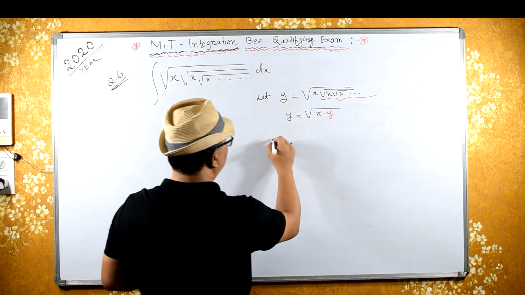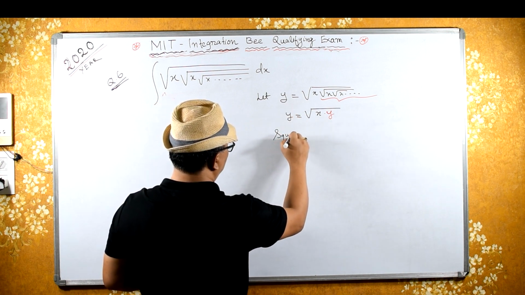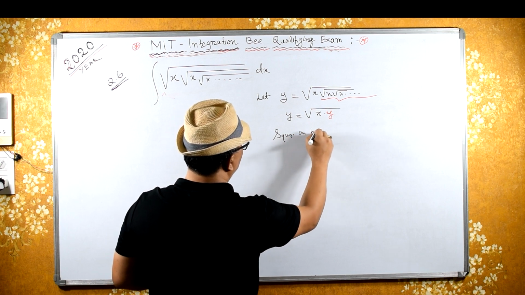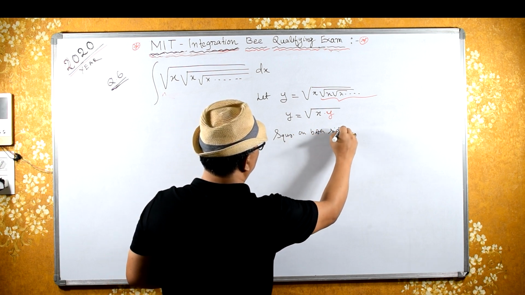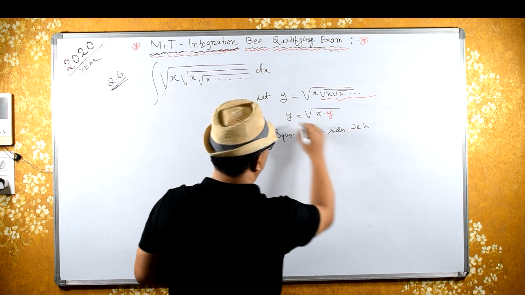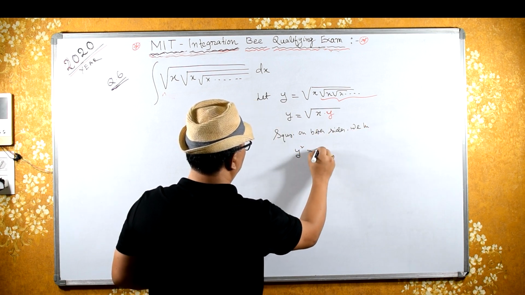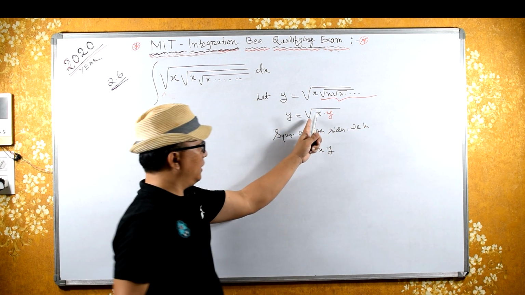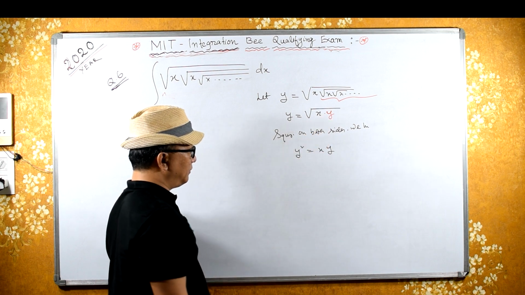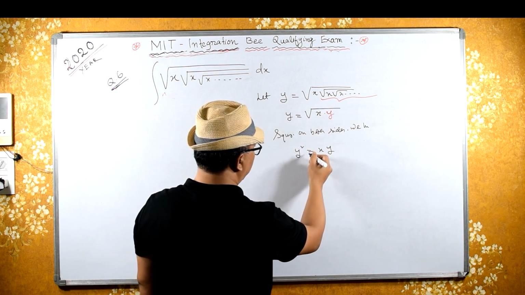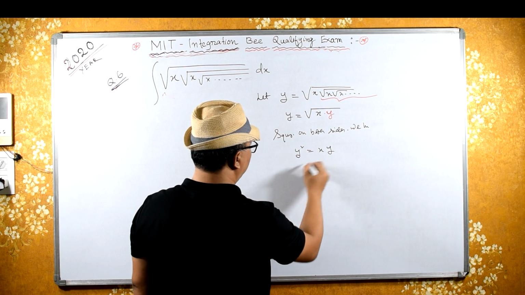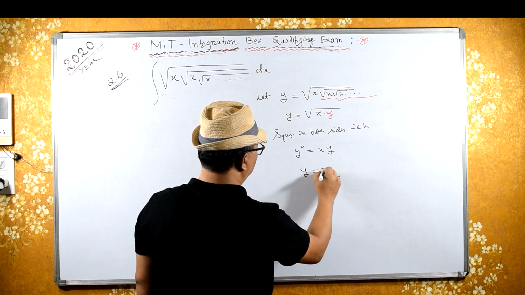Squaring on both sides, we have y square equals xy, because squaring and square root get cancelled. Now if I cancel y, then y equals x.